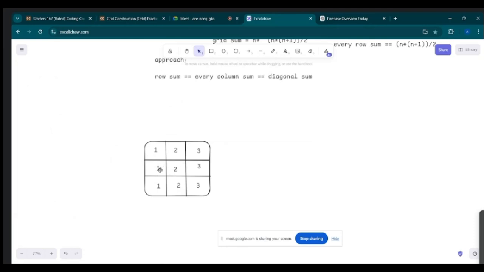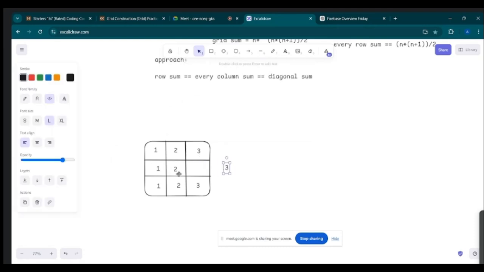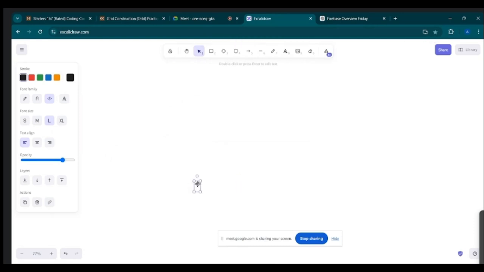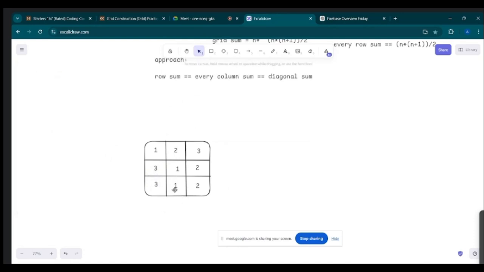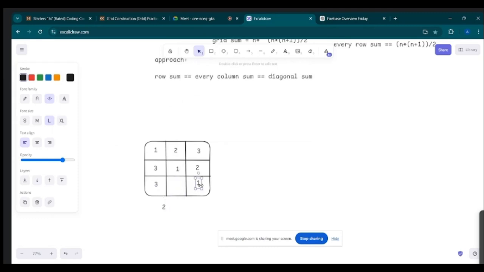So we can try to rotate every row. Like we can place this here.